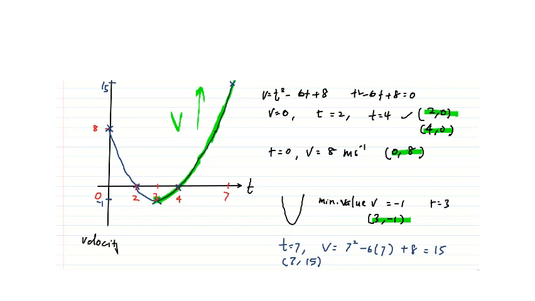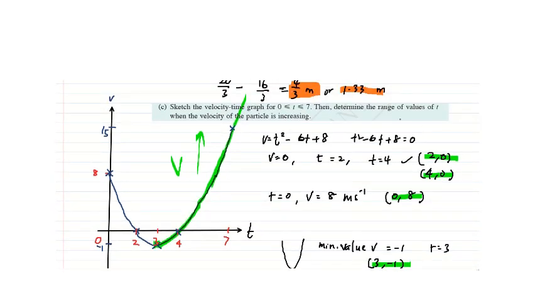Velocity of the particle is increasing when t is more than 3 seconds. Here is the answer for the question that asks you to determine the range of values of t.